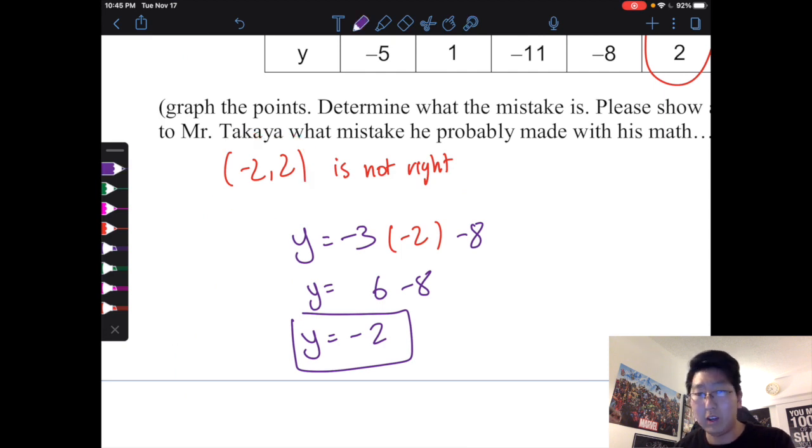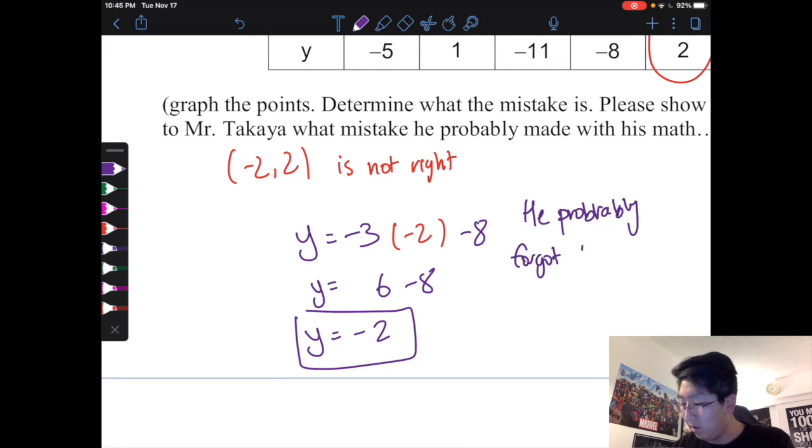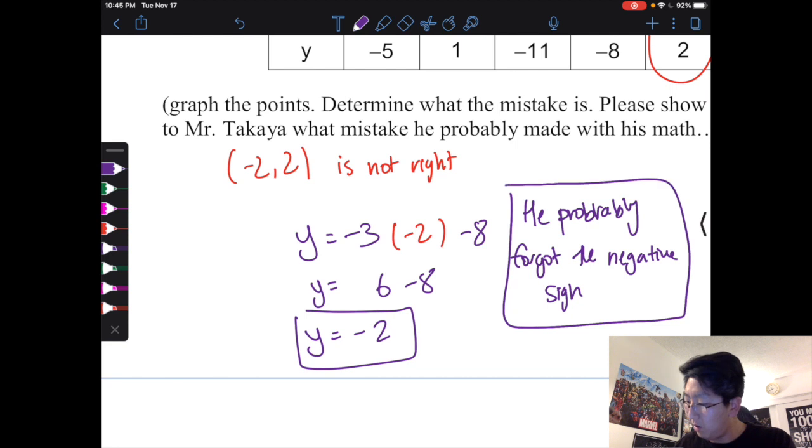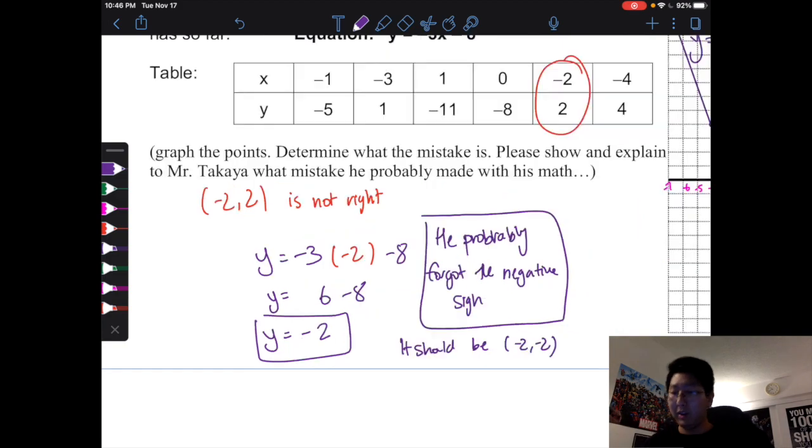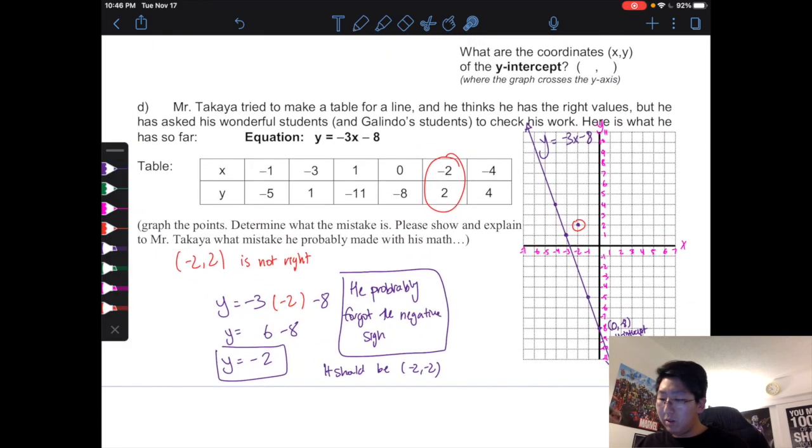He probably just forgot the negative sign. That's what the mistake was. So it should be (-2, -2).